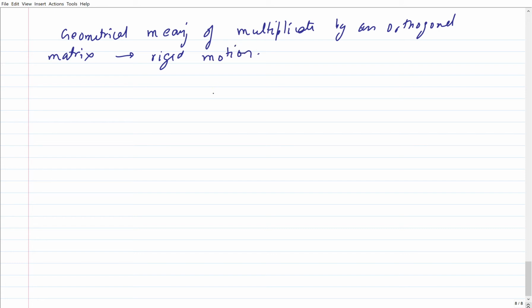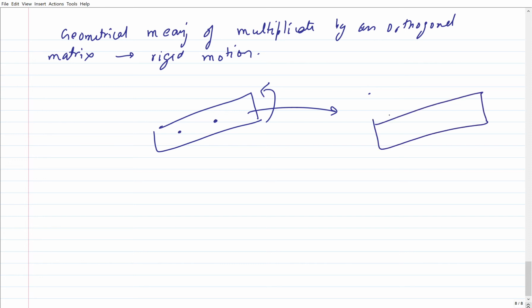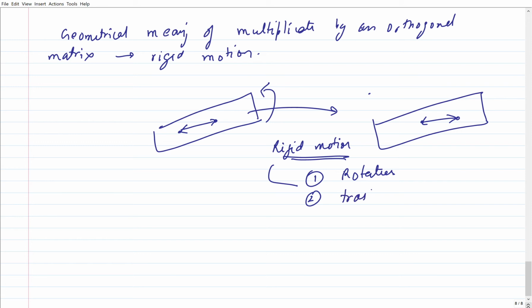Essentially, rigid body motion is you take anything and you either rotate it or translate it. It preserves the distance between two points. That's your rigid body motion. The rigid motions which we are interested in are rotations and translations. If you translate an object, it's a rigid body motion. When you rotate an object, it's also a rigid body motion.